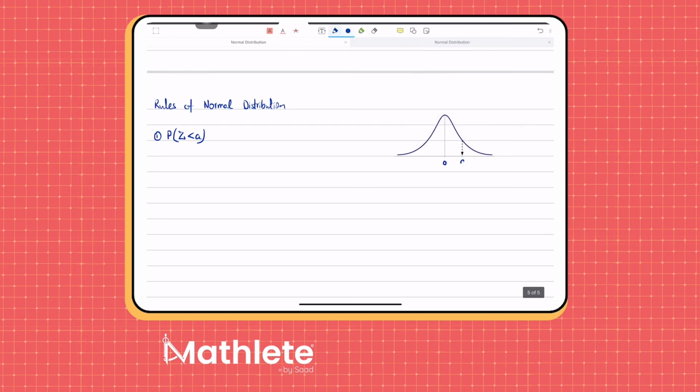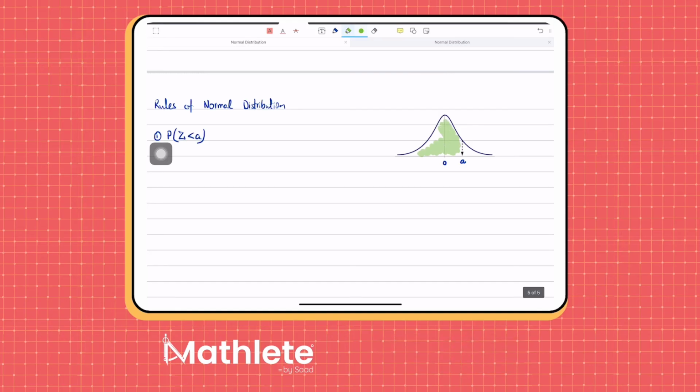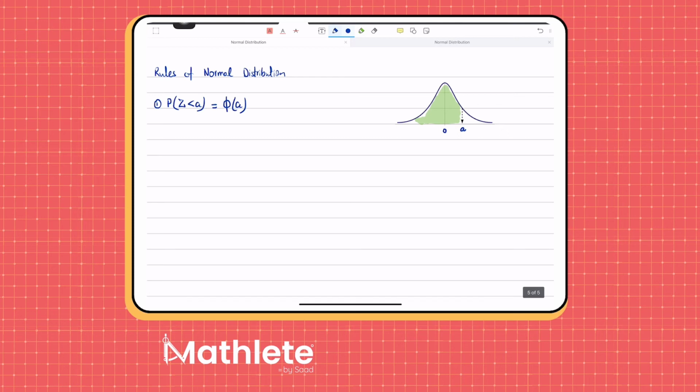To find the probability of z being less than a, you have to find this area. All we have to do is read the phi value or the p value of a, and that will be our answer. So this is equal to phi of a, and just the phi value will be the final answer. All right, so this is rule number 1.